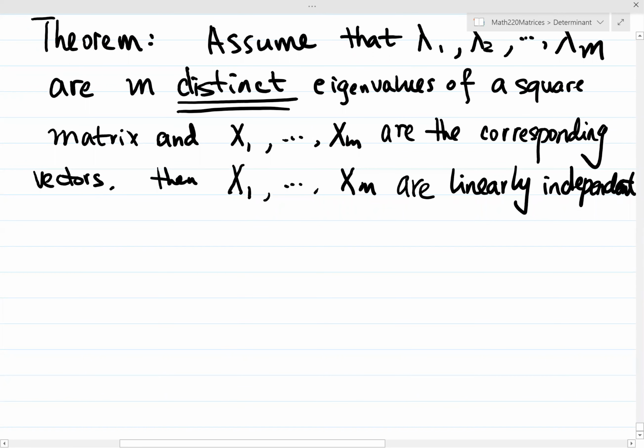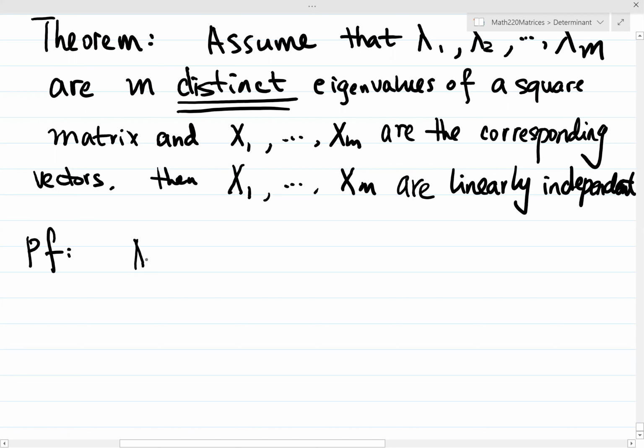Okay. Proof. Now we need to show that if we have a linear dependence relation, i.e. a linear combination of these vectors giving the zero vector, then this is only possible if we have the trivial linear combination.